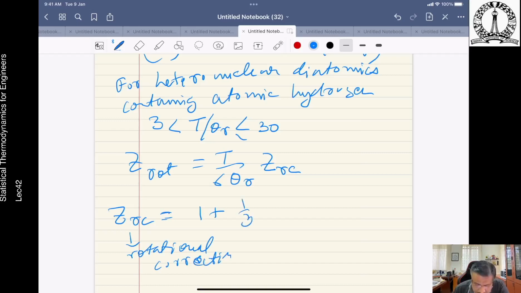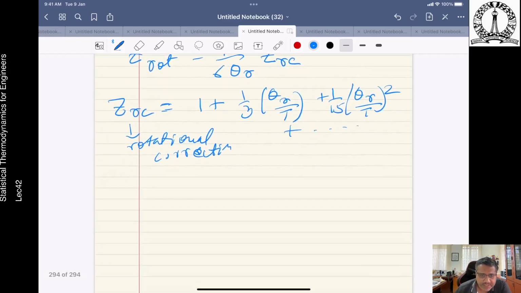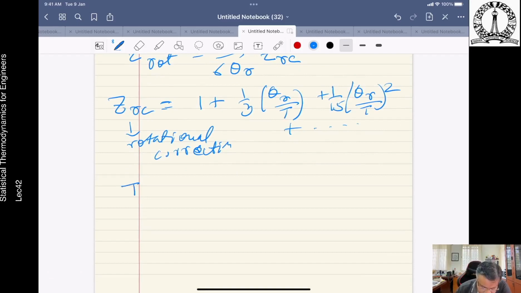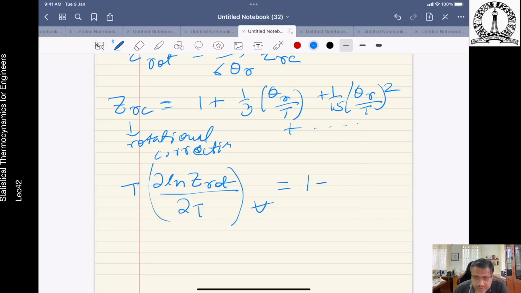It is 1/3 theta r by T plus 1/15 theta r by T squared, and so forth. We just evaluate the first two partial derivatives, this time term by term. So for those cases, d ln Z rotation divided by dT at constant volume is 1 minus ZRC prime.